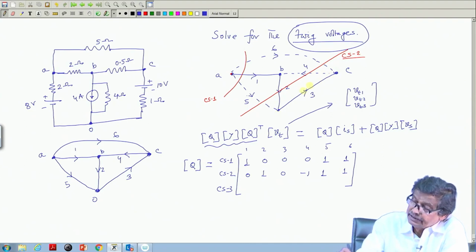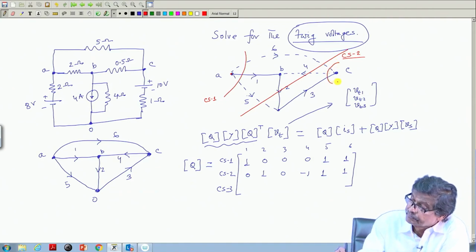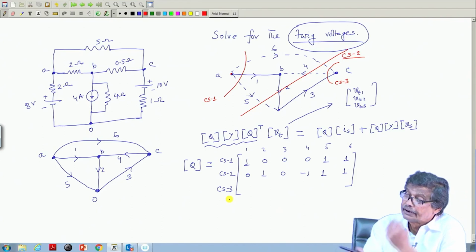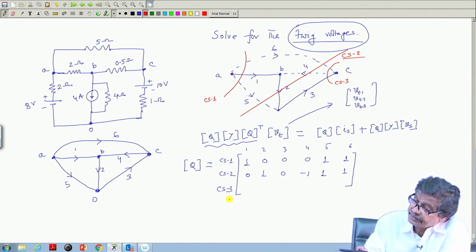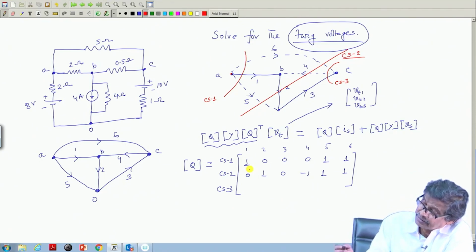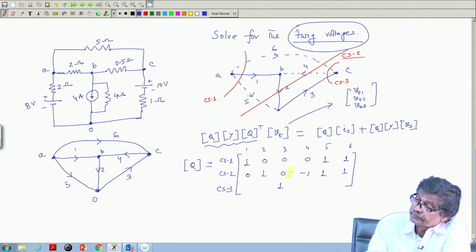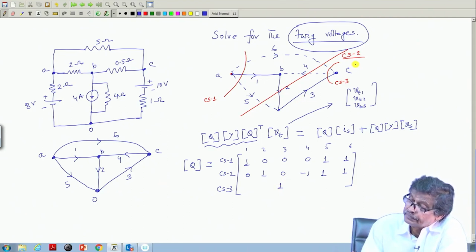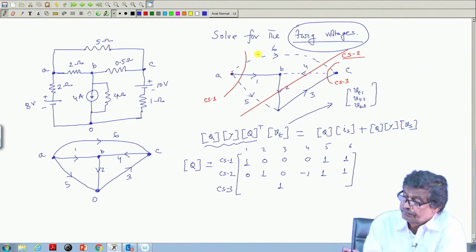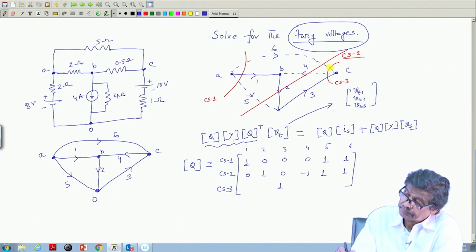this element, this tweak, and this will be this one. So, at cut set 3, once again the direction is decided by 3, 3 is from this way to this way. So, that is from left to right. So, it is plus 1, then 4 and 6 these are minus. 6 will be plus, yeah, from this to this.